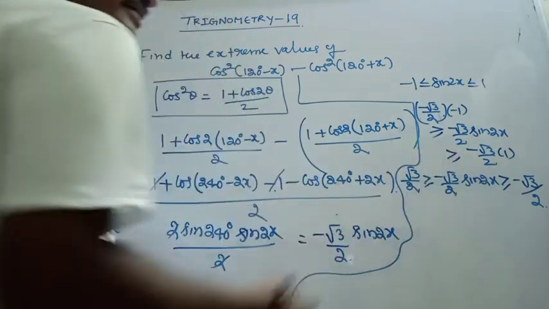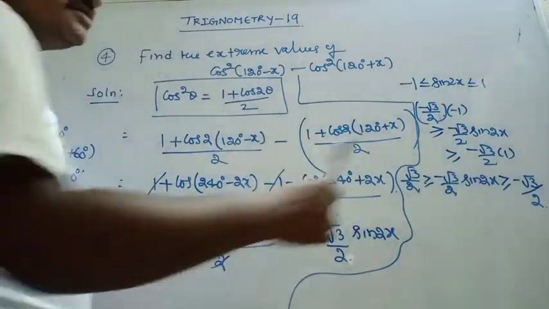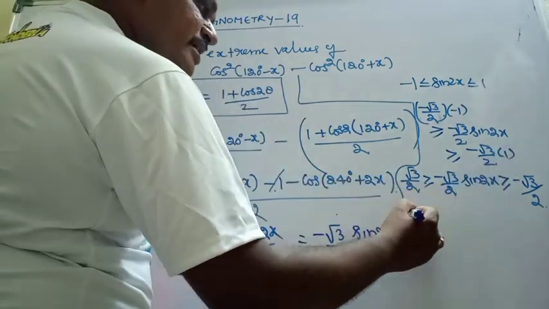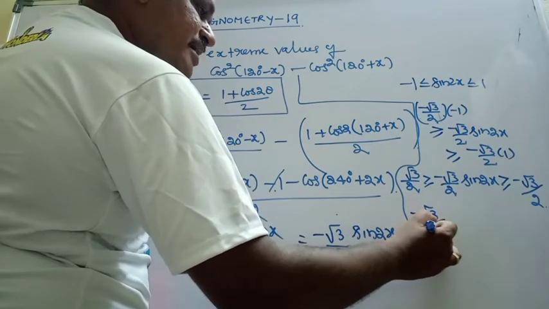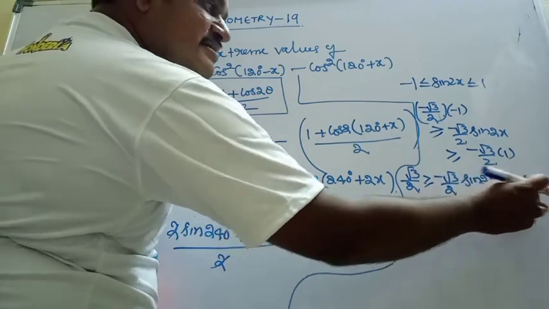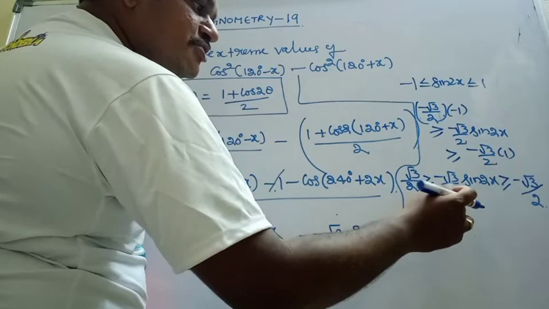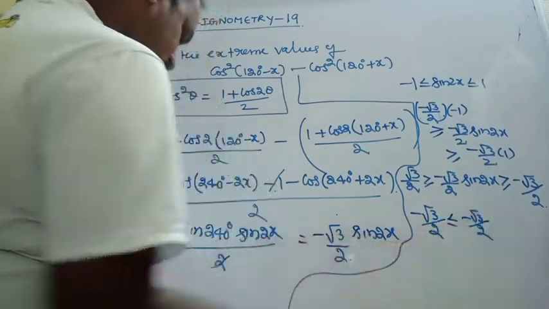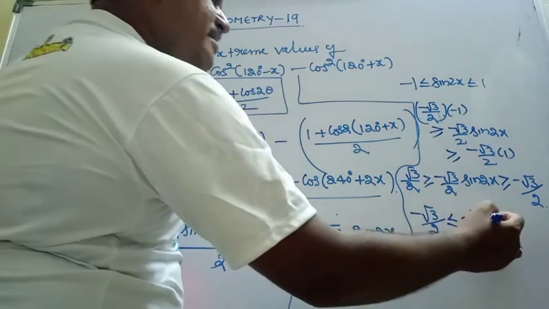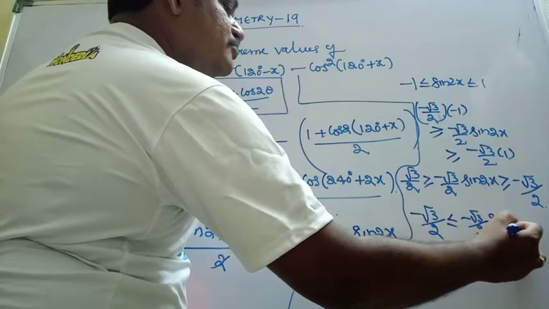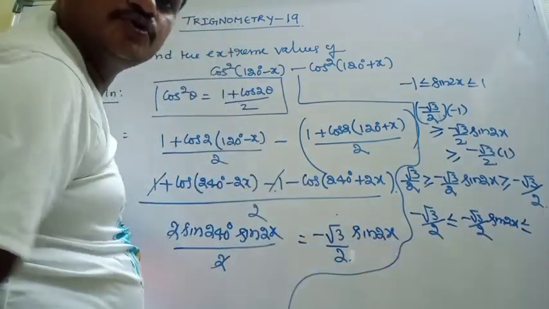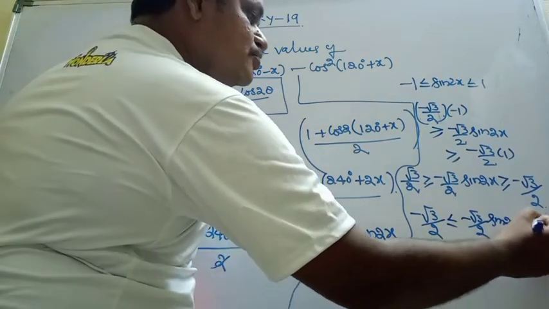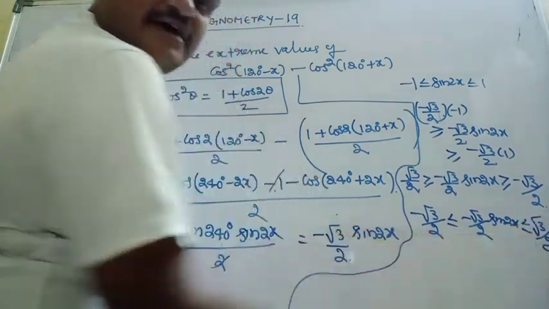That means you can nicely write this as minus root 3 by 2 is lesser than or equal to minus root 3 by 2 into sin 2x, which is lesser than or equal to root 3 by 2.